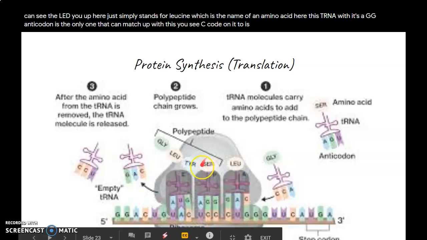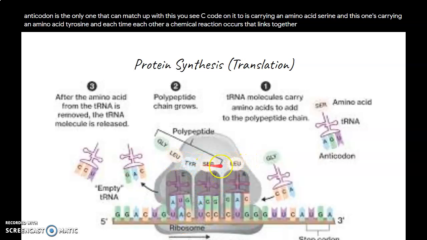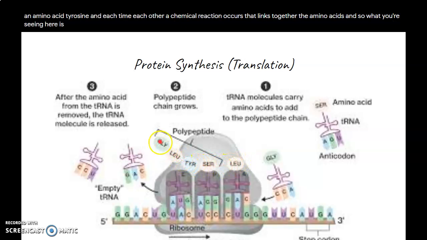It too is carrying an amino acid, serine. And this one's carrying an amino acid, tyrosine. And each time these tRNAs line up next to each other, a chemical reaction occurs that links together the amino acids. And so what you're seeing here is a growing chain of amino acids.